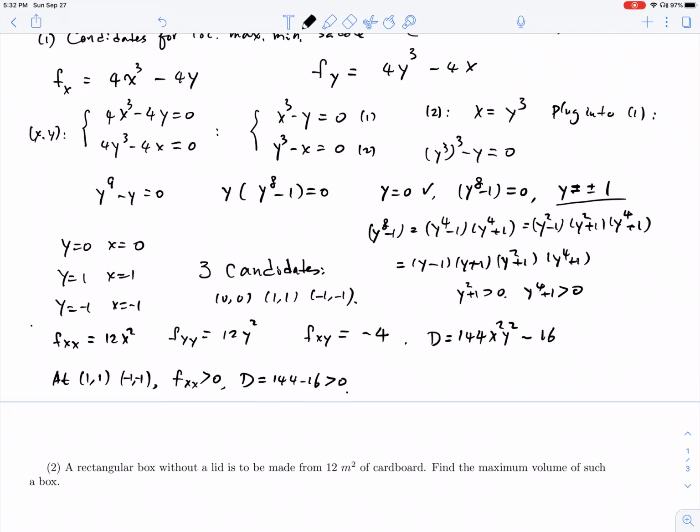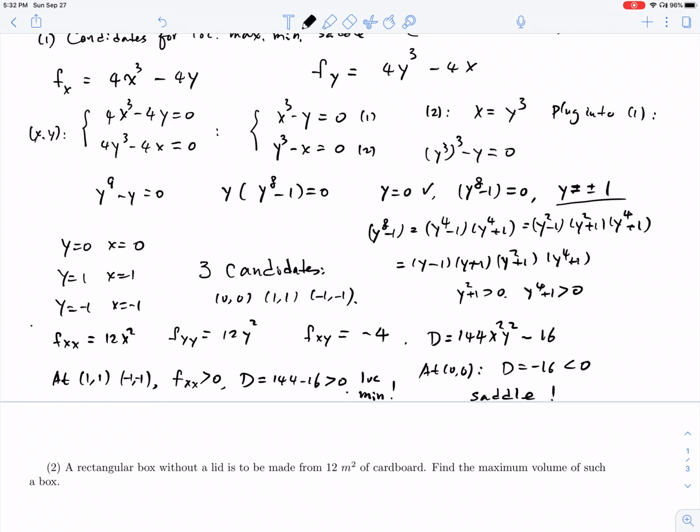So for these 2 points, remember positive, positive is a local minimum. So we have 2 local minimums over here. Now how about the other point at 0, 0? Then we have D is equal to negative 16, less than 0. This must be a saddle. Okay, and that's the end of the story.